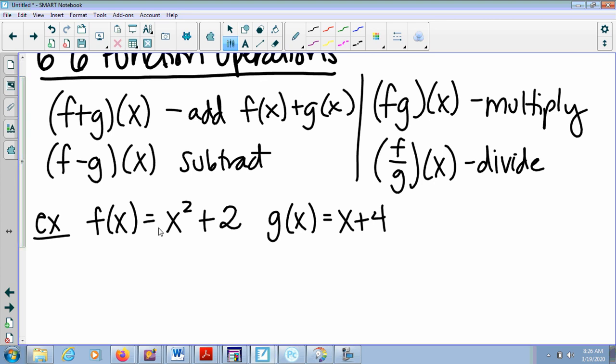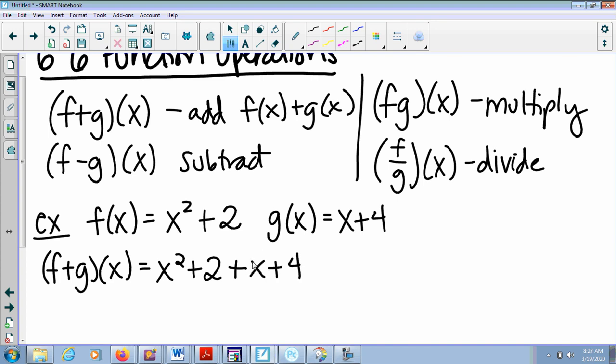So this is the f, x squared plus 2, g, x plus 4, so we're just going to perform those operations. So we'll do f plus g of x first. It just means take the f function, which is x squared plus 2, and add it to the g function, which is x plus 4. Okay?